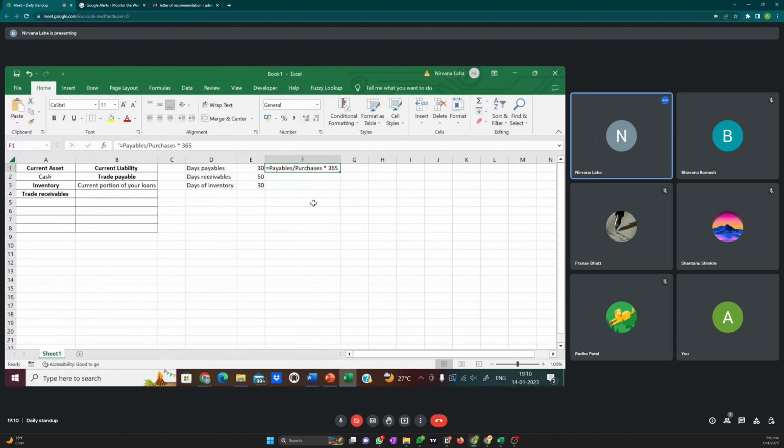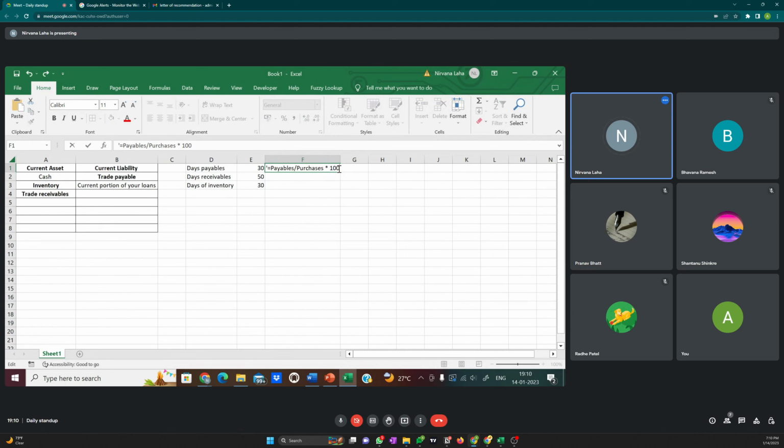Purchases is the quantity of goods that you're buying from your suppliers, and payables is, at a point in time, say at 31st March 2022, how much amount is due to be paid to your suppliers. So days payables is nothing but what percentage of your total purchases are yet to be paid by you. If it was expressed in percentage, it would be multiplied by 100, right?